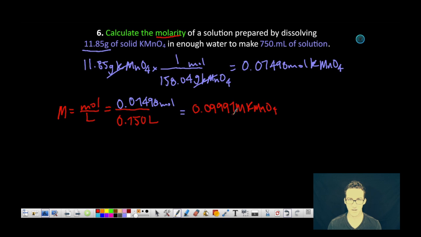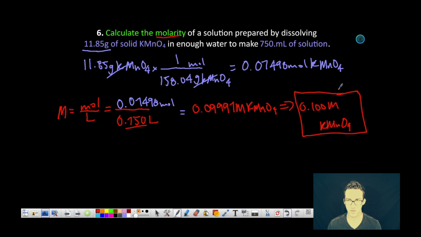And if we use sig fig rules, we only need 3. The volume is going to limit our number of significant digits, which will give us 0.100 molar KMnO4. Boom. Next question.